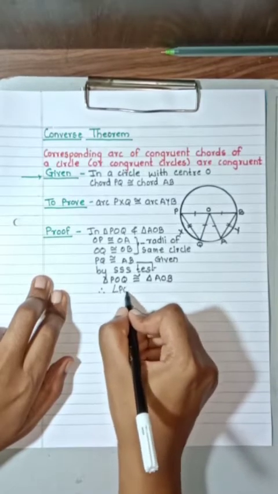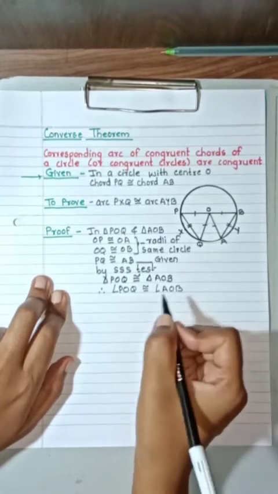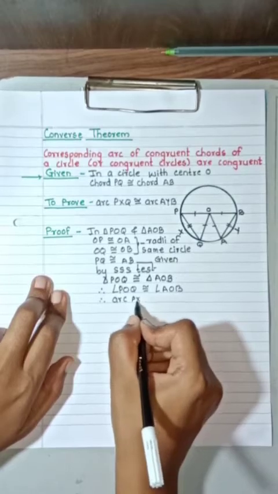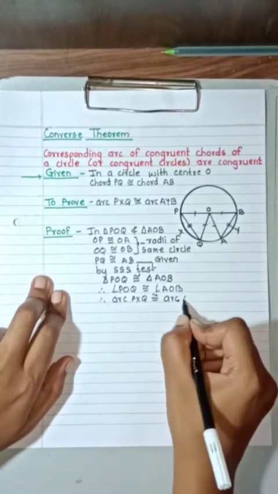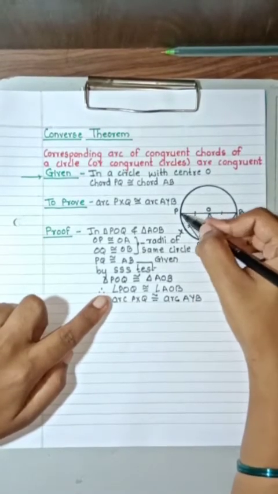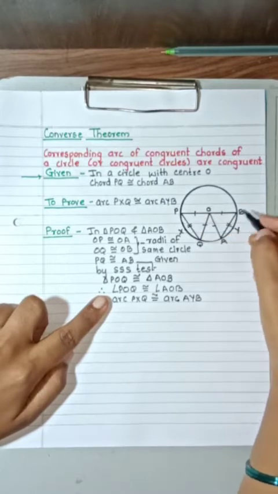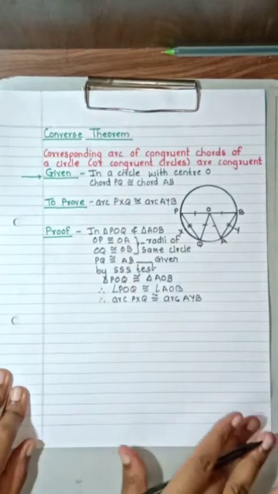Therefore angle POQ is congruent to angle AOB, and therefore you can say that arc PXQ is congruent to arc AYB. Why? The measurement of the central angle is equal to the measurement of the minor arc.